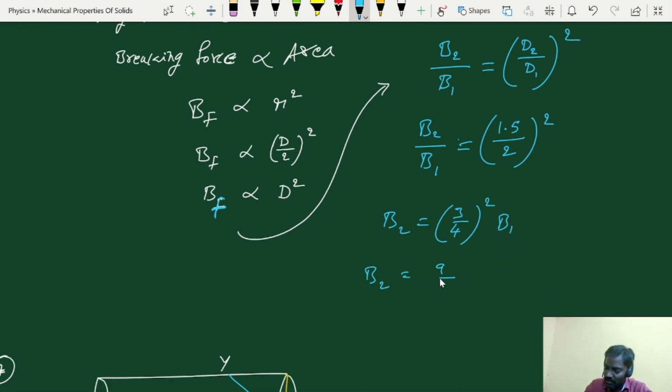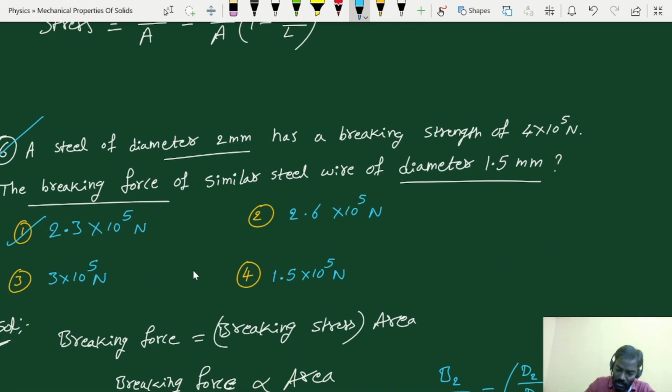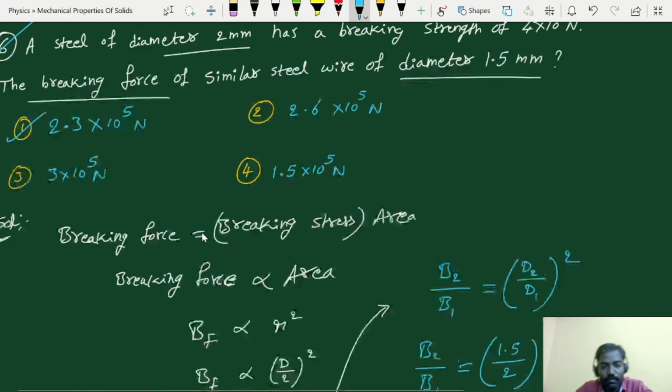So that is 9 by 16 into 4 into 10 power 5, which is 9 by 4 into 10 power 5 Newton. So the new breaking force is 2.25 into 10 power 5 Newton. So the suitable option is option 1. They are giving 2.3, they might have rounded it off.